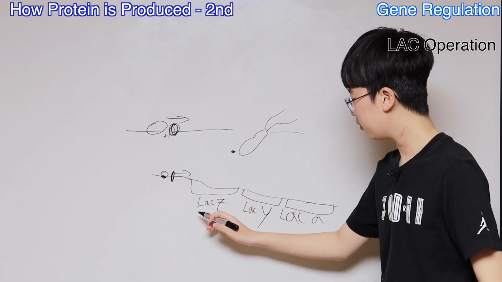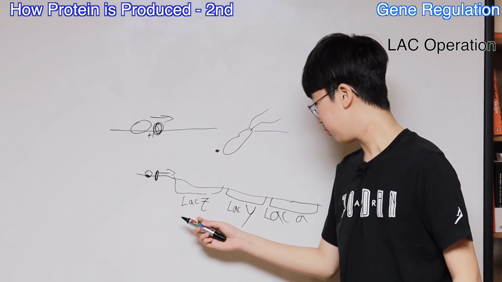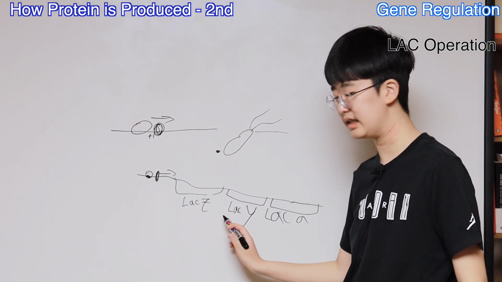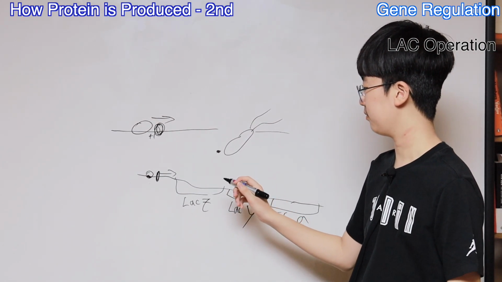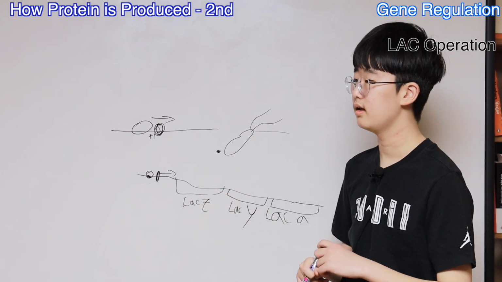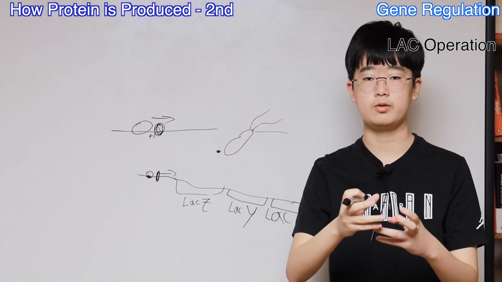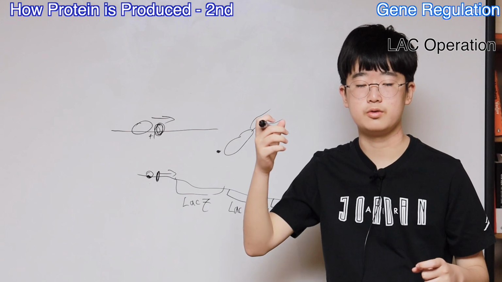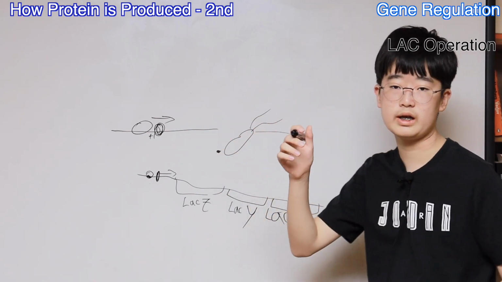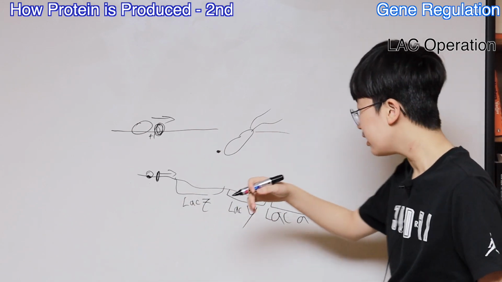And what the LAC gene does is it produces a protein that actually breaks down the lactose into glucose, so the E. coli can digest it and turn it into energy.